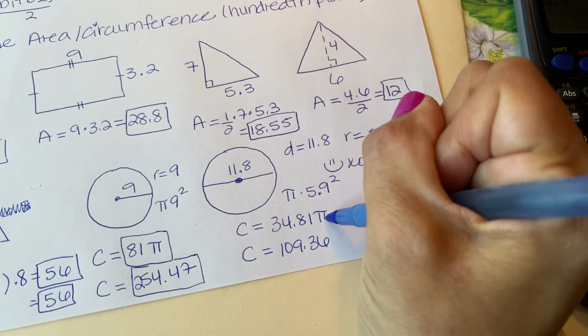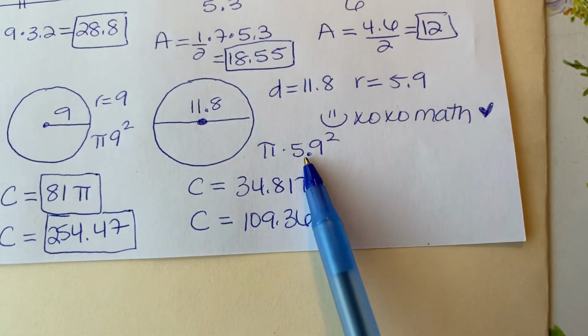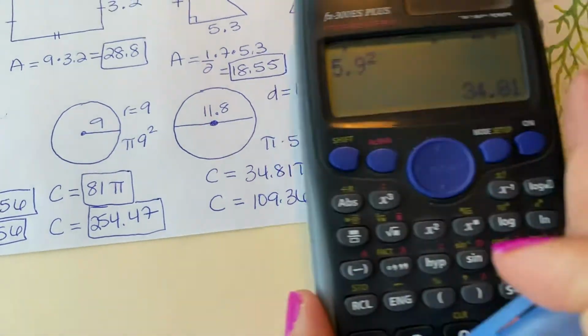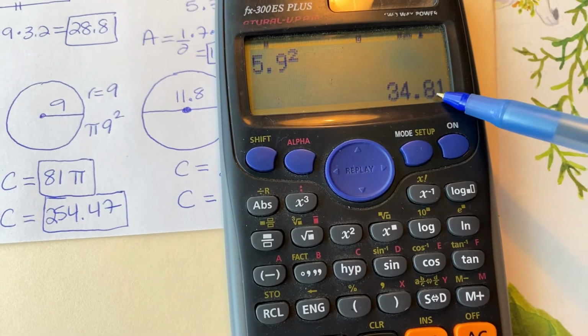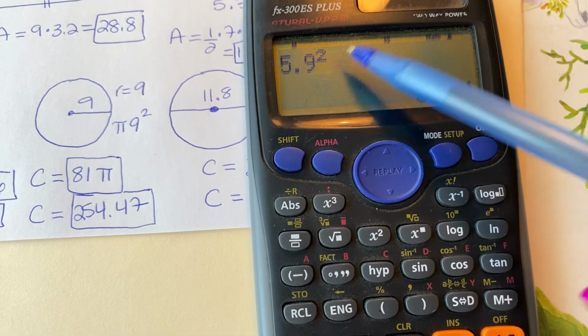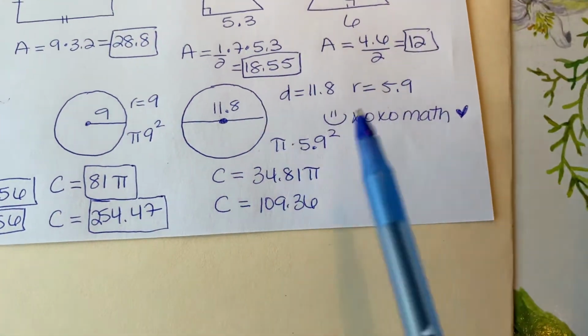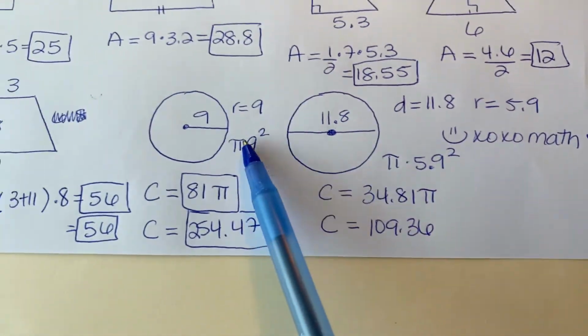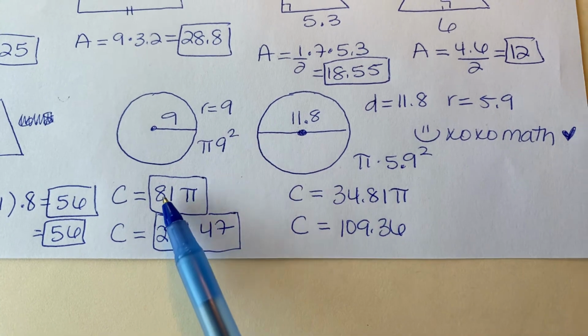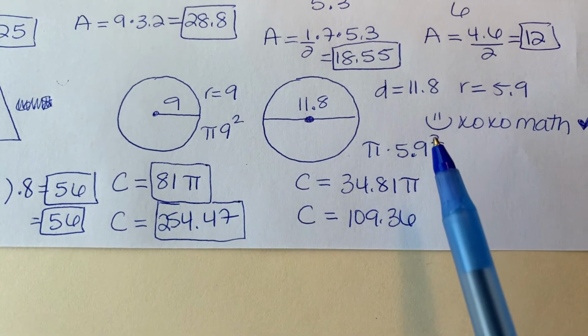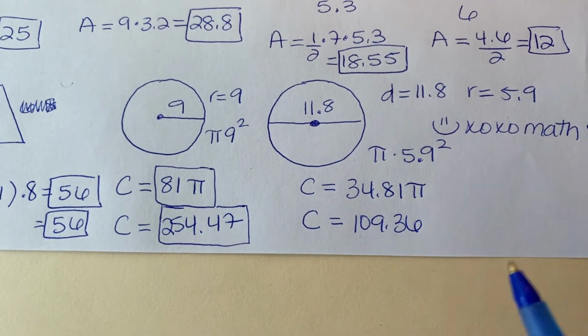So 34.81 pi. So I just took 5.9 squared, and then I just threw the pi in the back. That's it, right? I just didn't put pi into my answer because I want a pi form. So really, I just need to know what that squared is, right? Just like 9 squared is 81, just bring the pi down. I only needed it for the decimal answers.